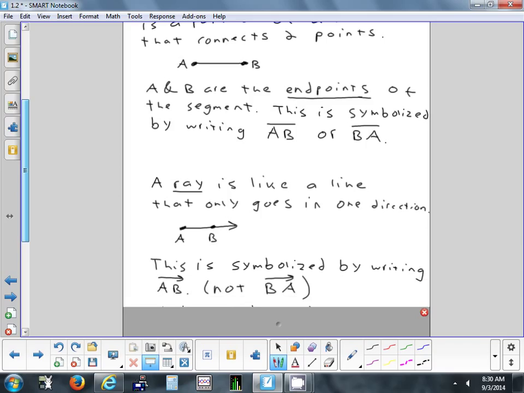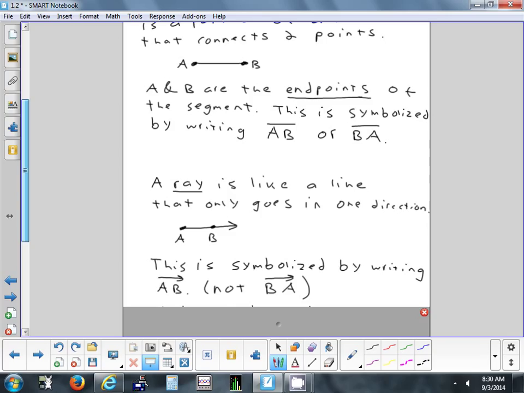So this particular ray would be symbolized by starting at A, going to B, and continuing on. And you put an arrow. What's a little funny is the symbol always uses an arrow pointing to the right. If we wanted to talk about the ray that would be pointing left, we wouldn't switch the symbol when we're writing it.